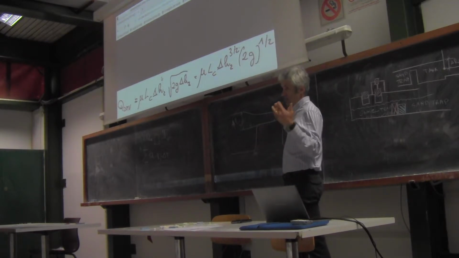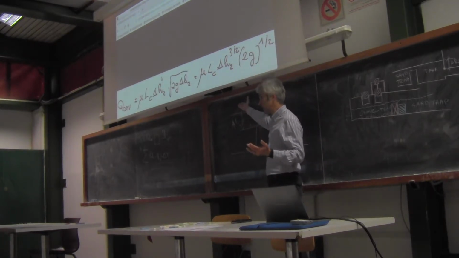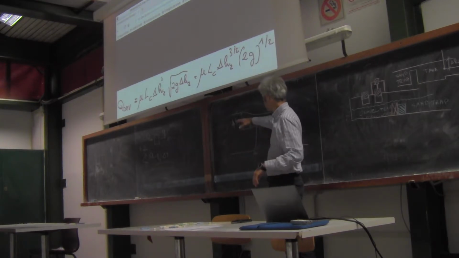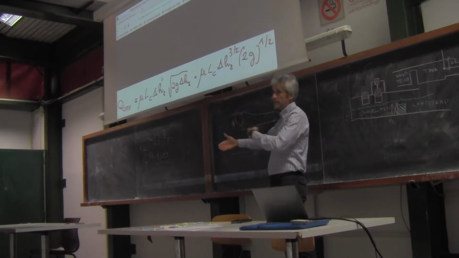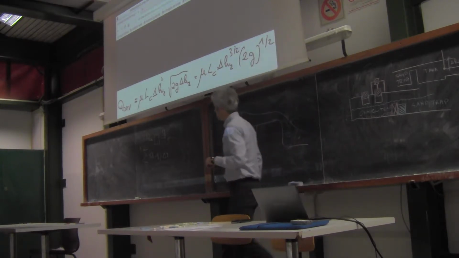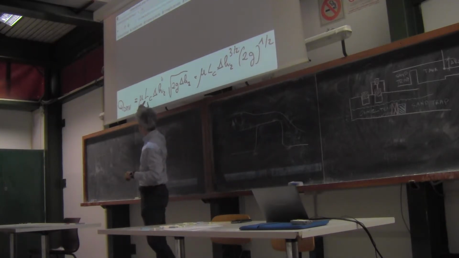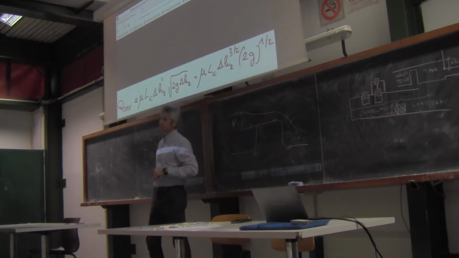It's understandable that if you increase the water level, you also increase the flow over the spillway, and also it's understandable that the flow over the spillway depends on the width of the spillway, which is here indicated as LC.